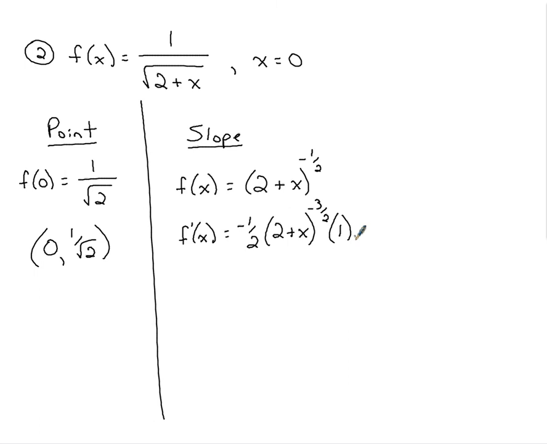It'd be nice to clean this up a little bit, though, before we find that slope. Because I have a negative exponent here, and because I have a fraction here, we're going to create one great big fraction as our simplified answer. The denominator here is 2, so there's got to be a 2 on the bottom.